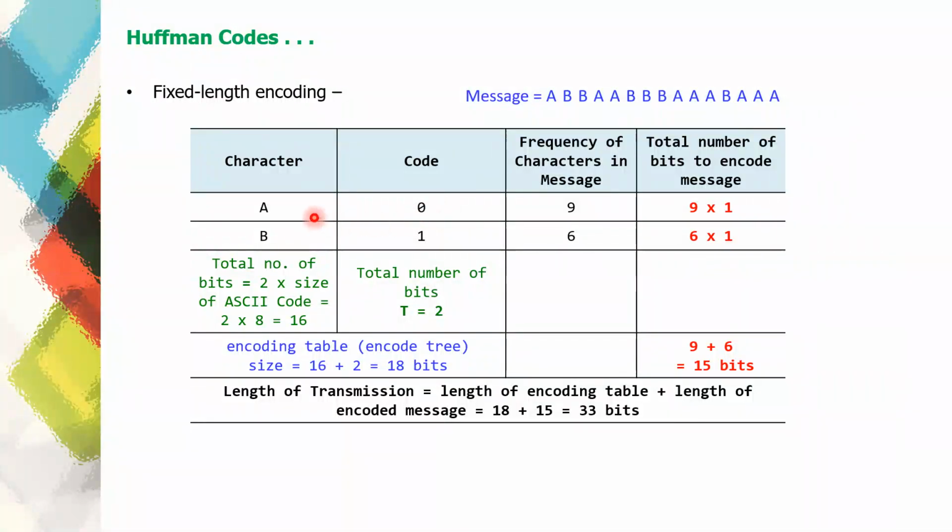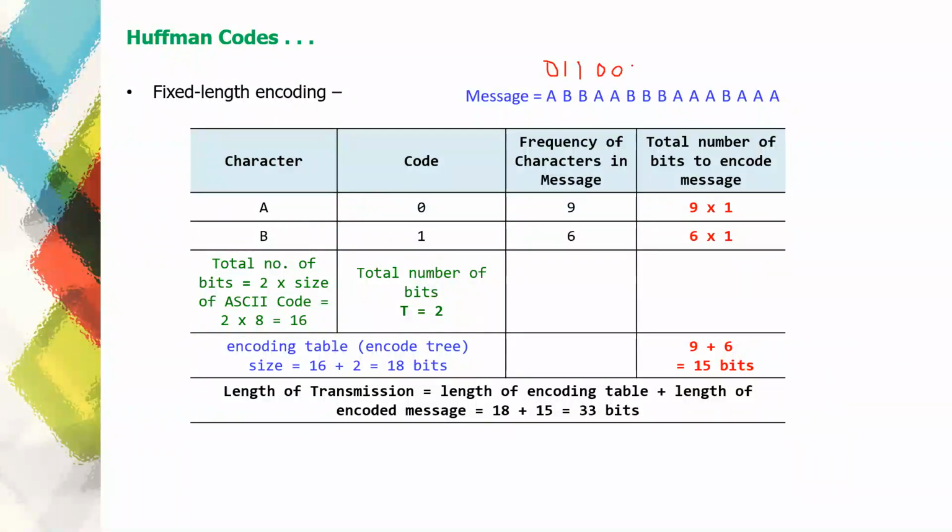So whenever you have to represent character A in the form of zeros and ones, A will be represented as a single 0, B will be represented as a single 1. That means whenever a message has to be encoded using this scheme, it will look like this. A will be represented using a 0, B will be represented using a 1.